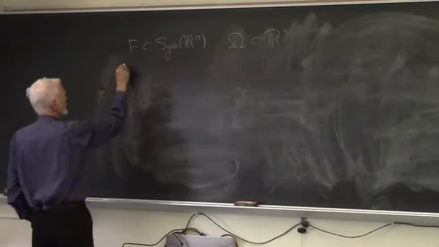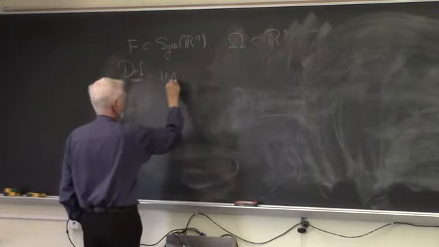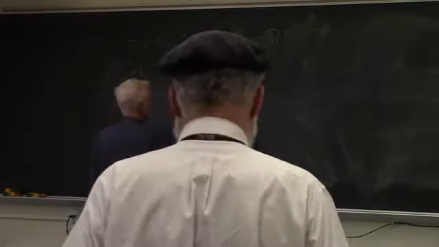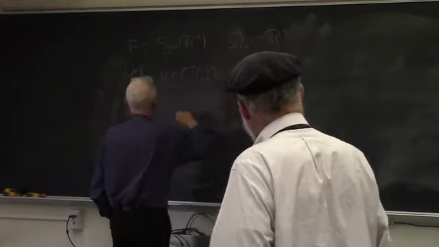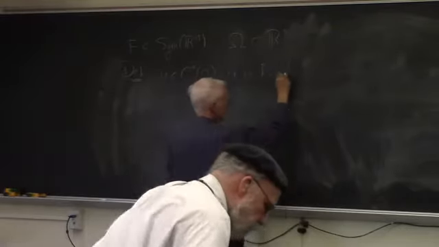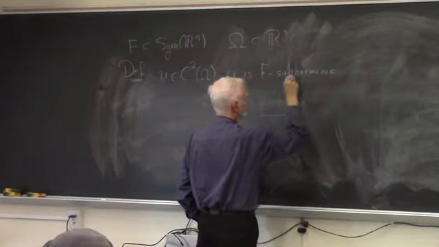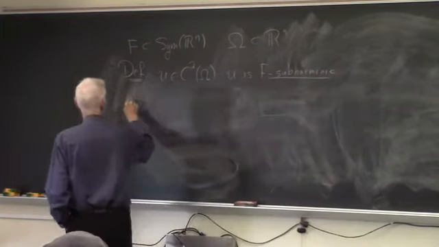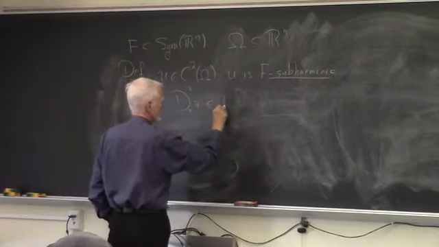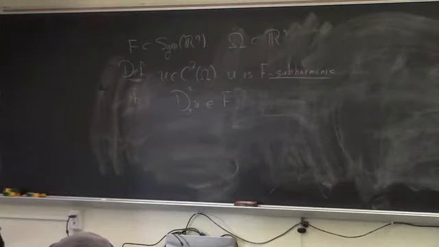We make the following definition: if you have a twice differentiable function u on the domain, then u is said to be F-subharmonic if the Hessian of u at every point lies in F. Pretty general at the moment.